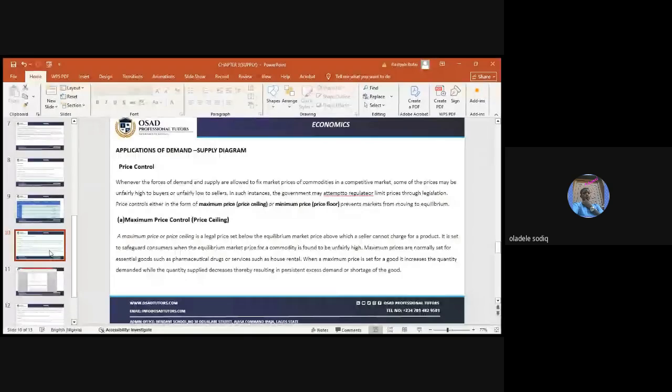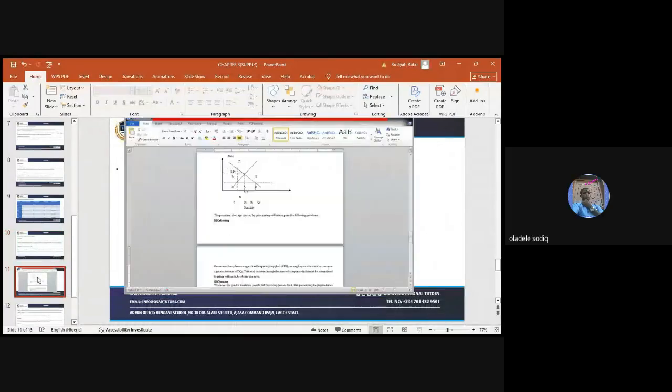That is the meaning of maximum price. Is that clear? You will understand that more. Now let's look at this graph. We have price and we have quantity.